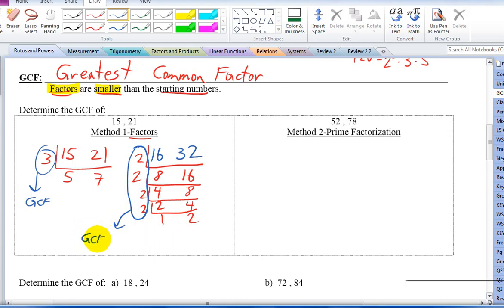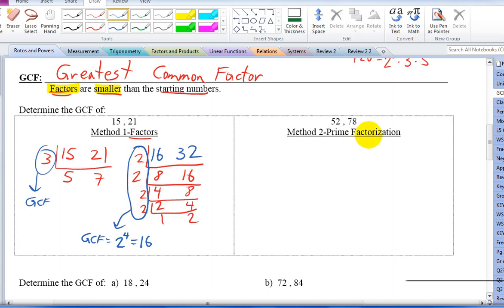So your GCF equals 2 to the exponent 4, which equals what? 16 for this question. Okay? 2 times 2 times 2 times 2. So where do we find our GCF? Over on the side. Okay?